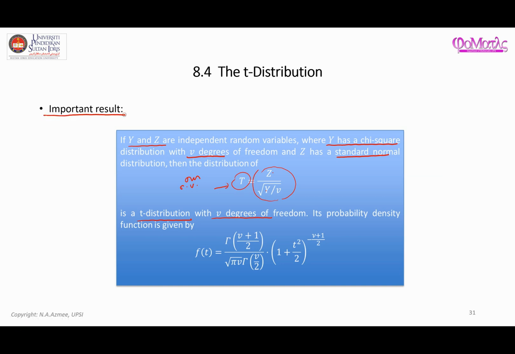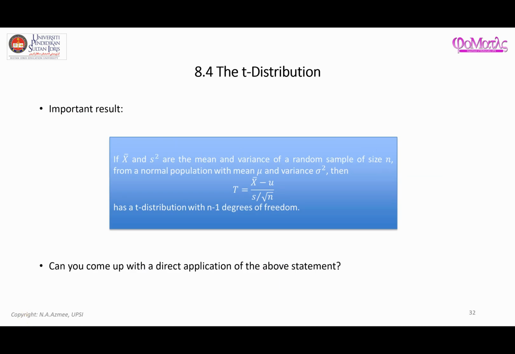Now, based on this important result, it gives the next important result, which is this one right here. It says that if x bar and s squared are the mean and variance of a random sample of size n from a normal population with mean mu and variance sigma squared, then the result that we have here will have a t-distribution.